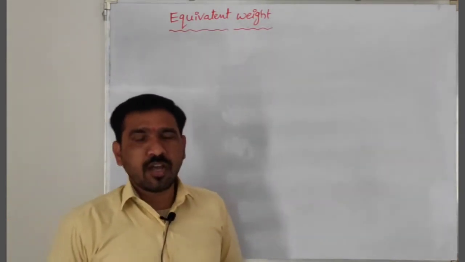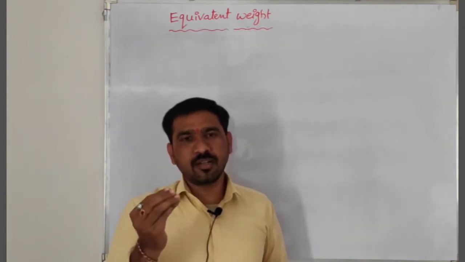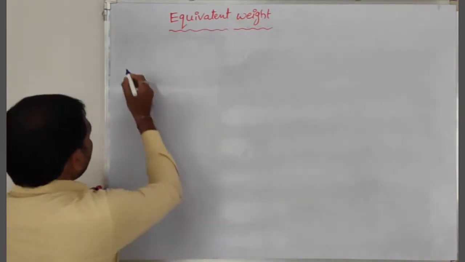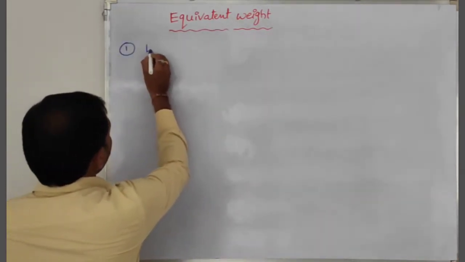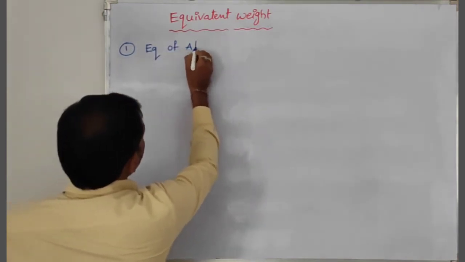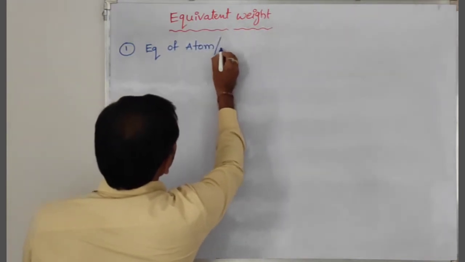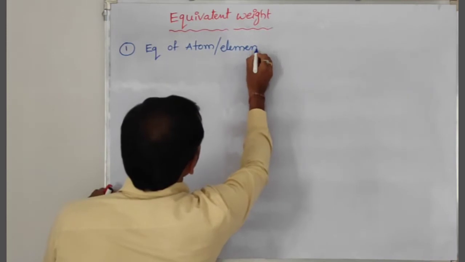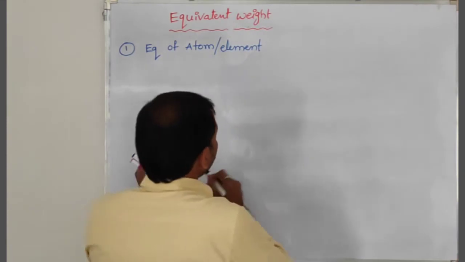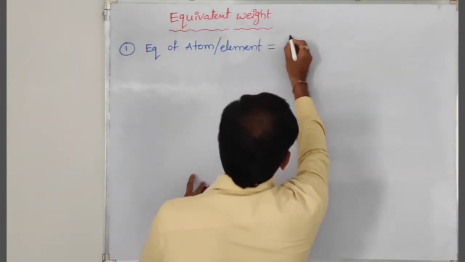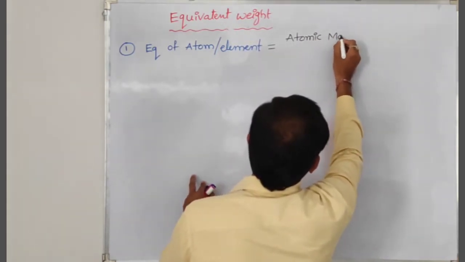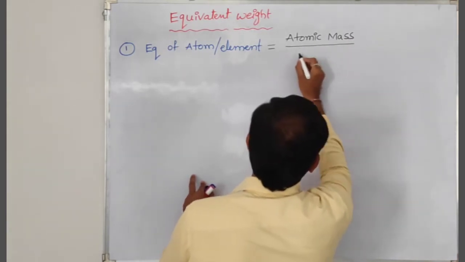With respect to the n factor of the compound or element, we can get the equivalent weight. So first of all, equivalent weight of atom or element is equal to atomic mass divided by n factor.